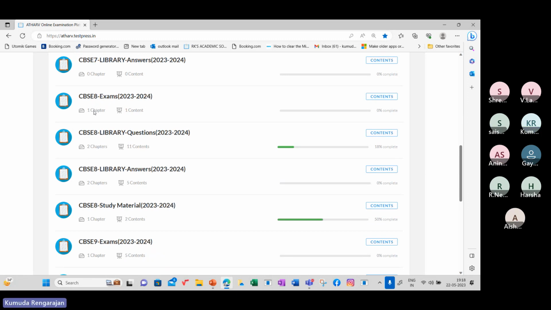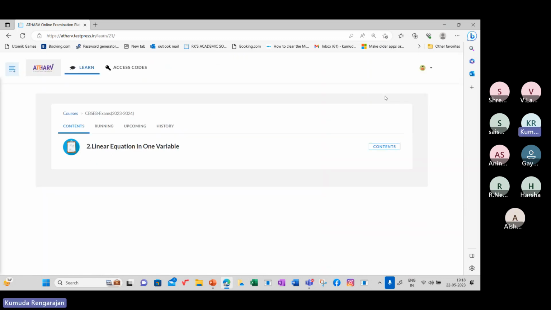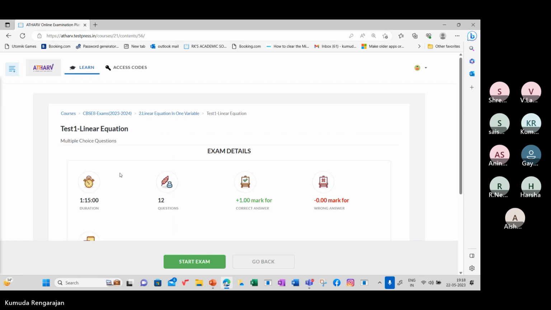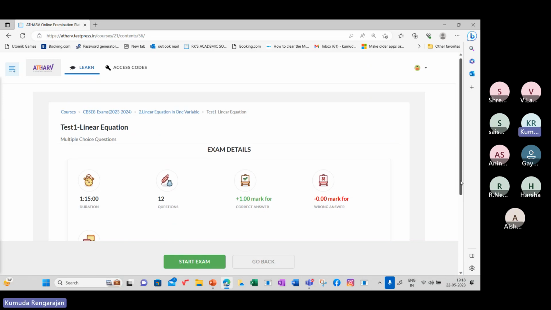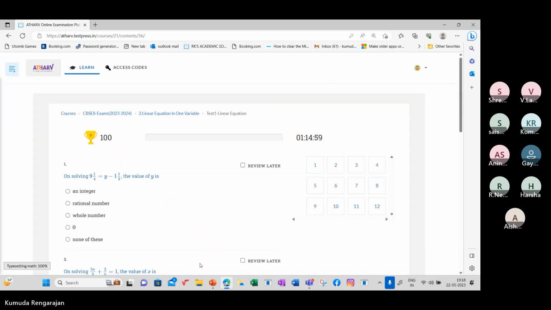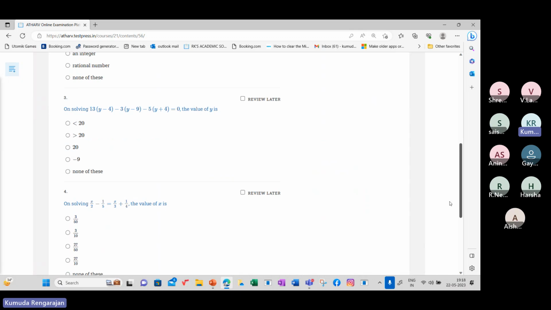So contents. You can see the exam. So this here, it's not taken up. The exam is not taken up. So let me just start and end it. And I'll submit the exam, okay?